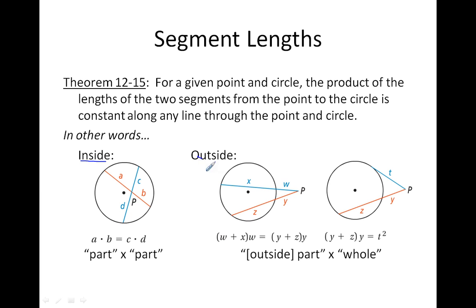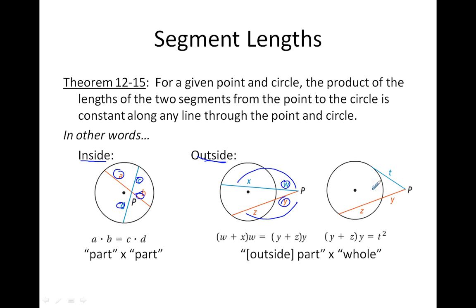If it's outside, on the other hand, then we multiply outside part times the whole segment and set it equal to outside part times the whole segment. So if it's inside, it's part times part equals part times part. If it's outside, outside part times the whole equals outside part times the whole.